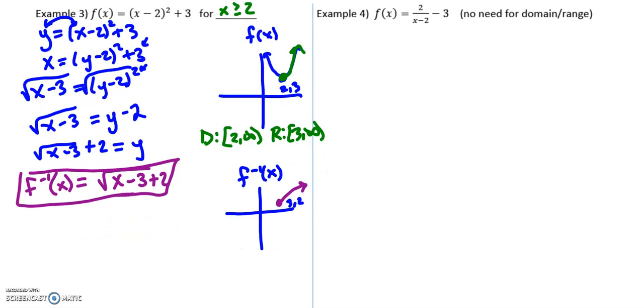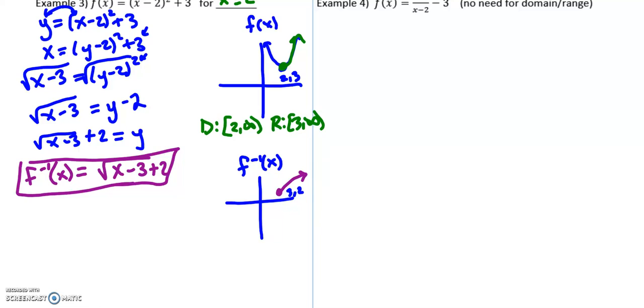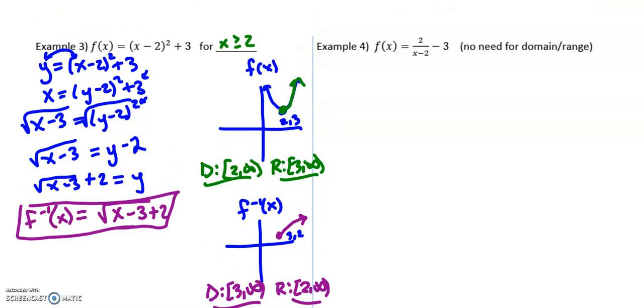If I look at my sketch for f inverse, I'll notice the domain here is from 3 to infinity, and the range is from 2 to infinity, which is kind of neat, because the domain of the original became the range of the new. The x's that were domain became y's that were range, and the range of the original became the domain of the inverse. The y's became the x's. That's what inverses do, they swap x's and y's.